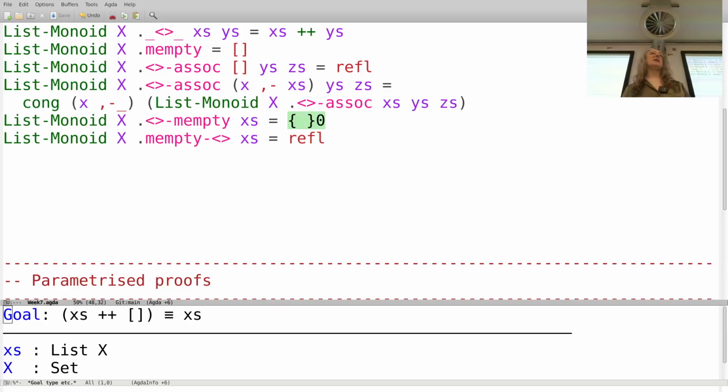Right, this is a classic example of like under-ambition. The only thing Agda knows about append is the equations we use to define it. And the fact of the matter is that here we are talking about algebraic properties of append, and Agda has no interest whatsoever in doing algebra, which is really annoying, frankly.